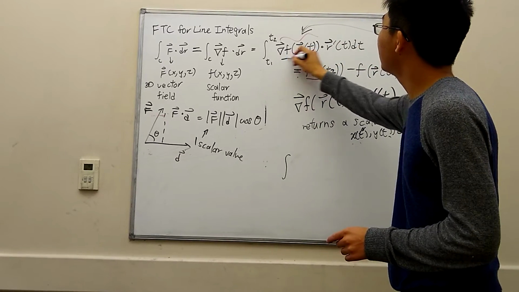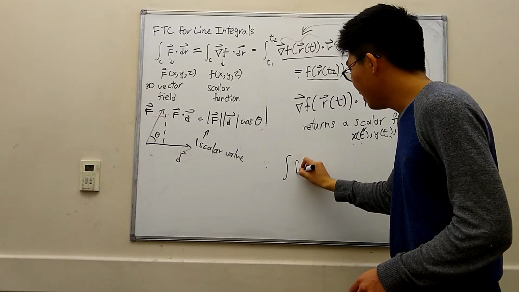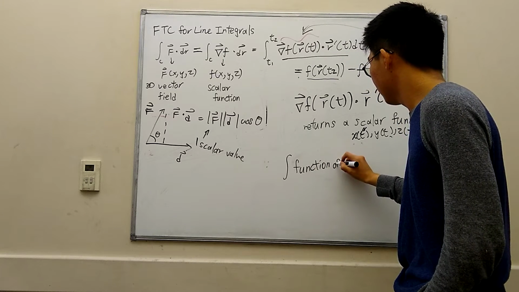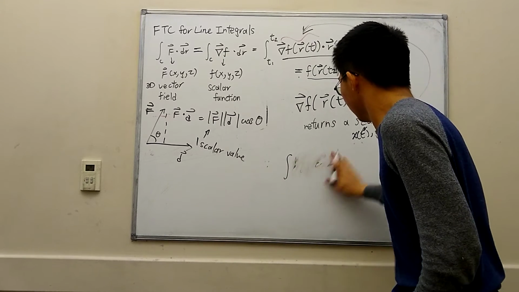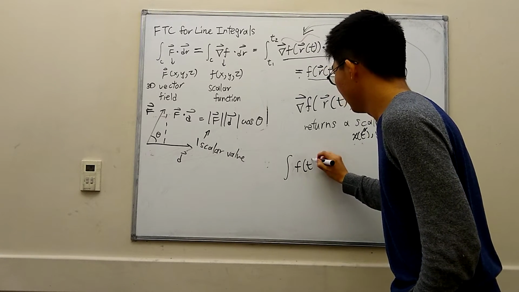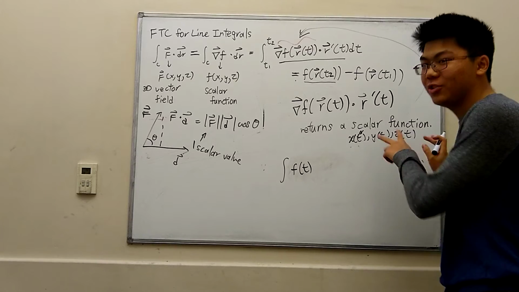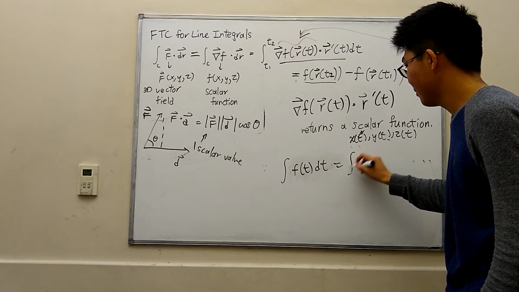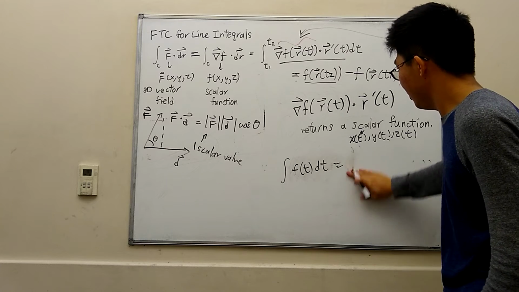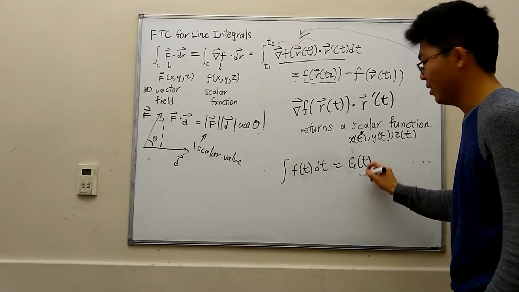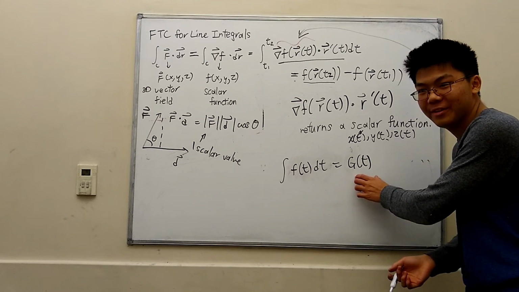Let me just call this whole expression a function of t. I will remove the x, y, and z just to drive the point home. So, if you integrate this, you will get a new function, g of t. This is our antiderivative right here.